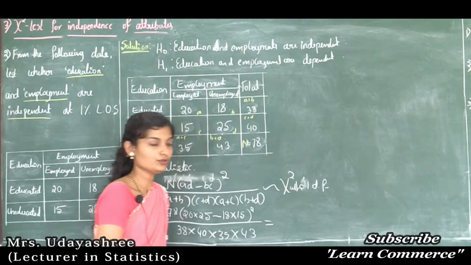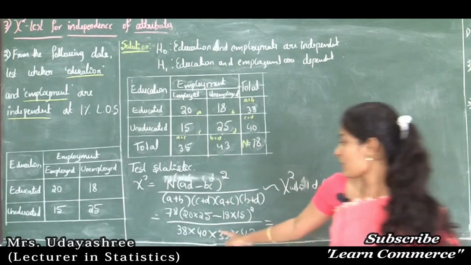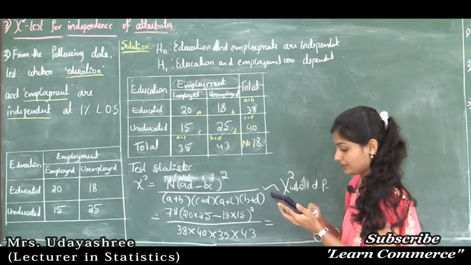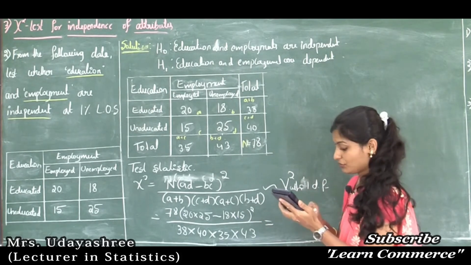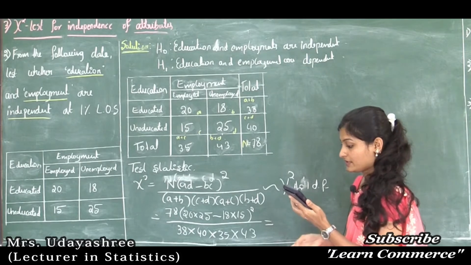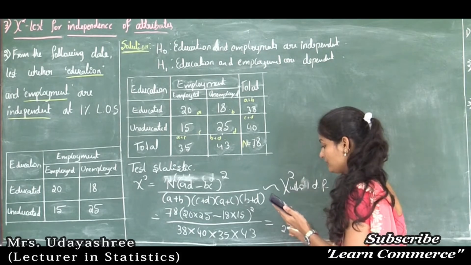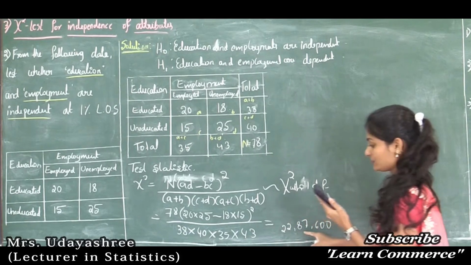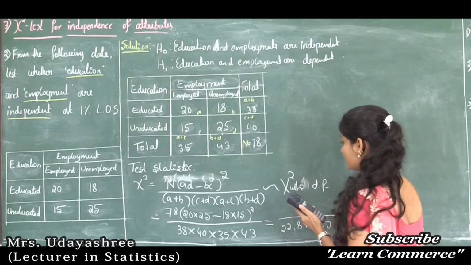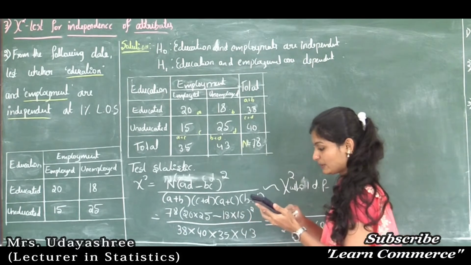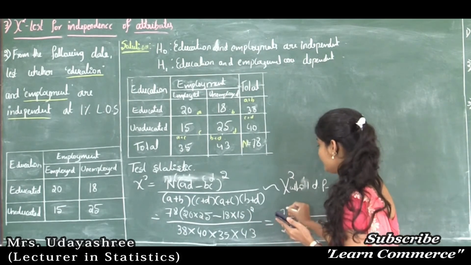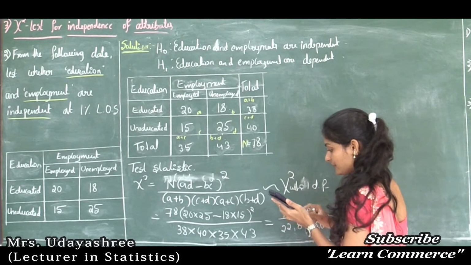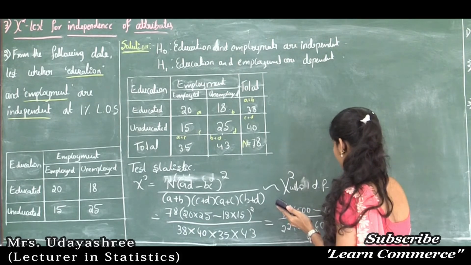This is equal to, first I will solve this one: 38 into 40 into 35 into 43, that is 22 lakh 87,600. Here 20 into 25 is 500, so 78 into (500 minus 18 into 15, that is 270) whole square.